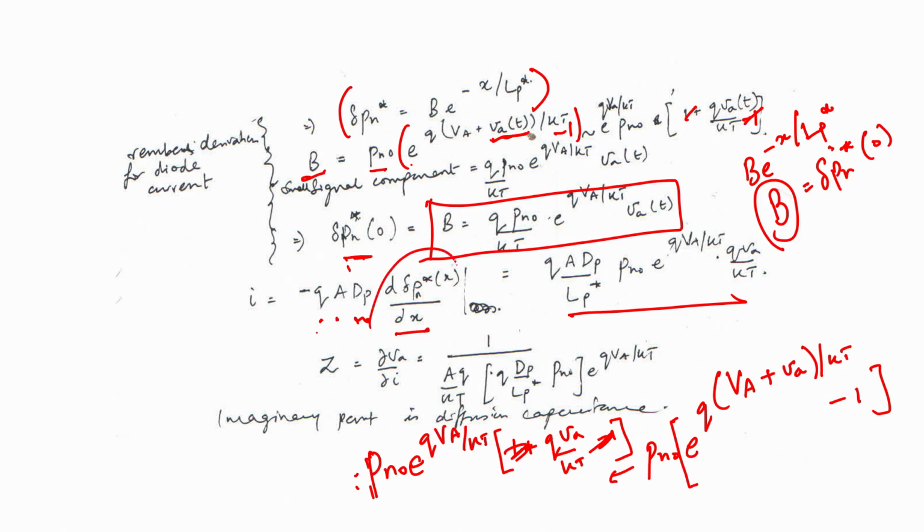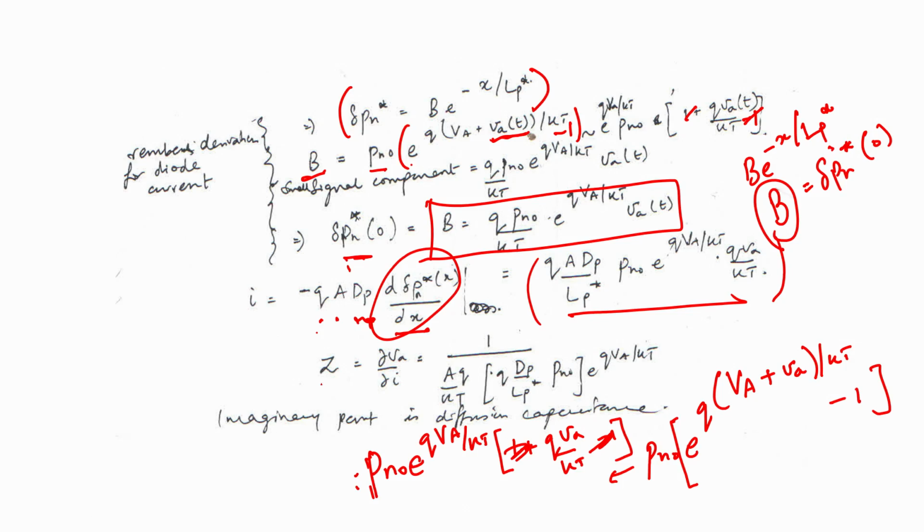And therefore, we know what this derivative is, and we can now find the current at x dash equal to 0, and you will end up with this expression here. So, that is the small signal current due to the voltage fluctuation, the small signal voltage fluctuation set at a DC bias of capital VA.